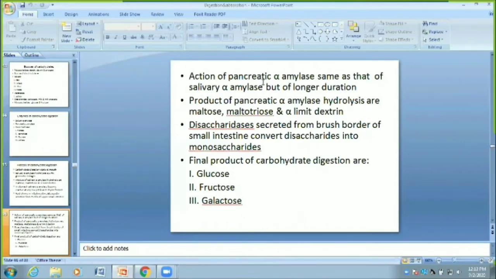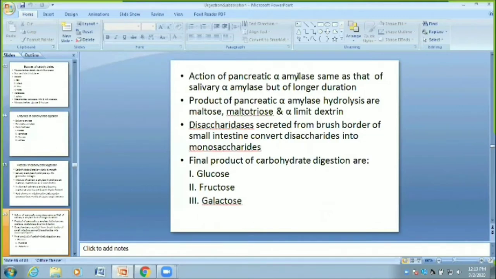As the food is in the small intestine, in the duodenum, pancreatic amylase enters the second part of the duodenum through the common bile duct.